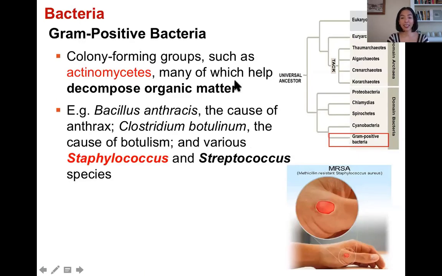The last group of bacteria is these gram-positive bacteria. Remember, those are the ones that have the peptidoglycans in the outer layer. They sometimes can form colonies, and some of them are called actinomycetes, and they can help to decompose organic matter.